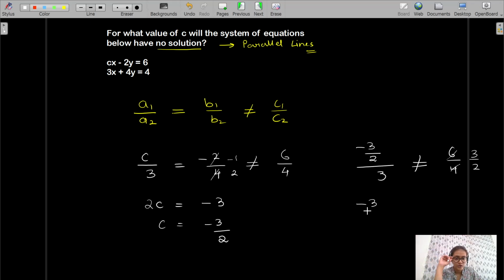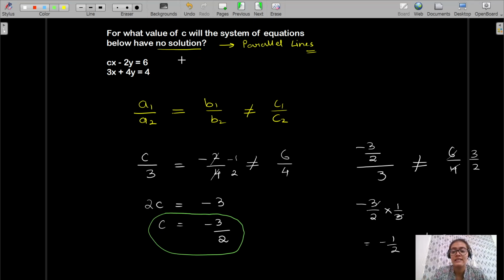So negative 3 over 2 times 1 over 3 is negative 1 over 2, and negative 1 over 2 is definitely not the same as 3 over 2. So the value of C is negative 3 over 2. If C is equal to negative 3 over 2, then this system of equations will have no solution.